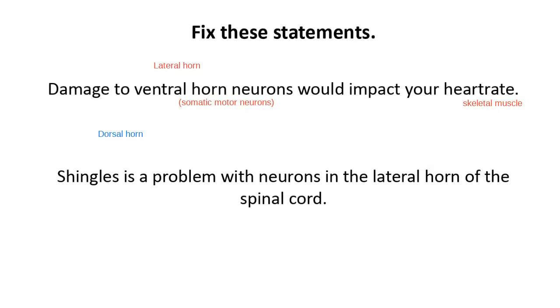Yeah, so those are the type of neurons that we call interneurons, and their job is processing and predicting. So the one other place in the spinal cord that we could have damage would be to those neurons that live in the dorsal horn. And if we damage those, then we're going to have some issues with some of those processing and predicting type functions. Interneurons in the dorsal horn.